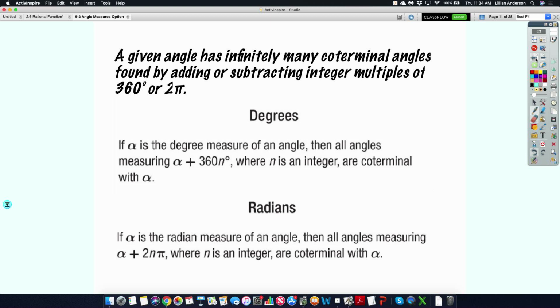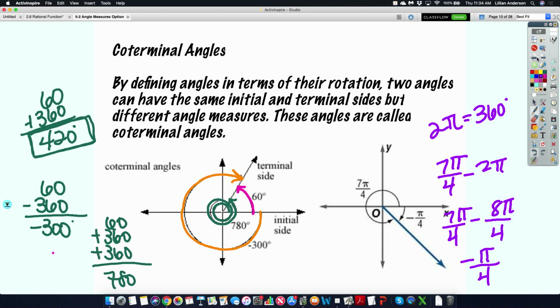An angle, any angle, has infinitely many coterminal angles, found by either adding or subtracting integer multiples of 360 or 2 pi. Integer multiples, okay? Let's go back real quick to this example. You see how I added 360 twice?